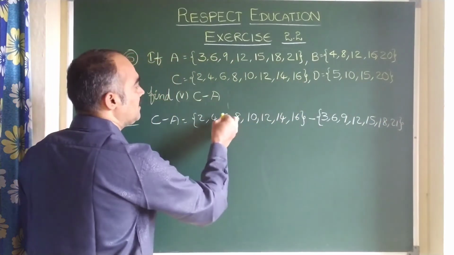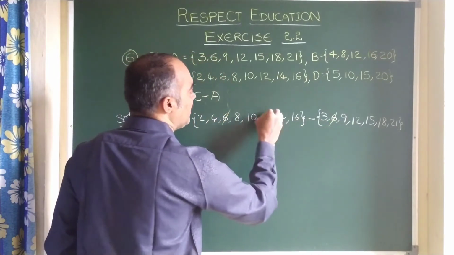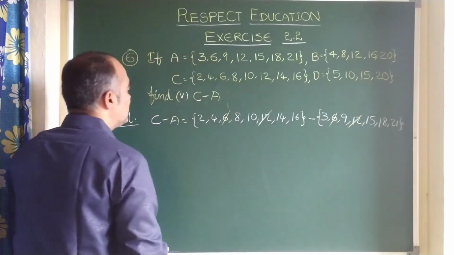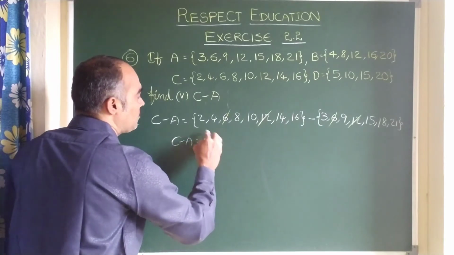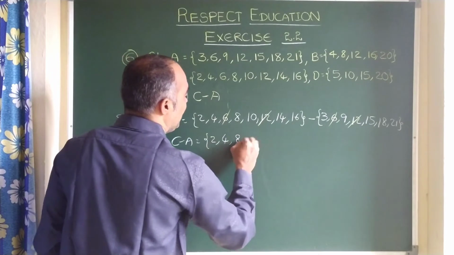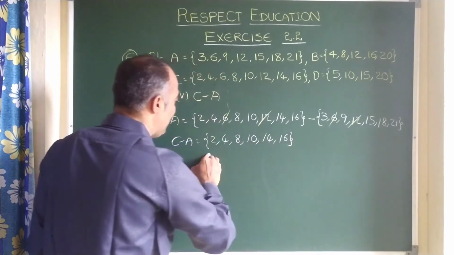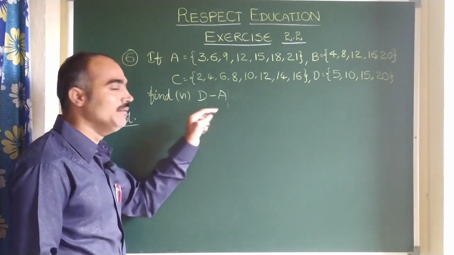As usual, let us cancel the common values here. 6 and 6 are common. Next 8, 10, 12 is also common. 14, then 16. That's all, children. So C minus A is equal to the leftover values in the first set: 2, 4, 8, 10, 14 and 16. This is the set for C minus A. Now let us see the next bit, that is the sixth bit, D minus A.